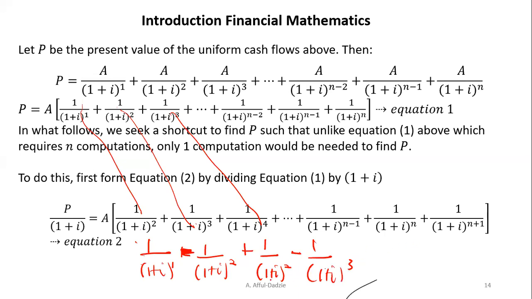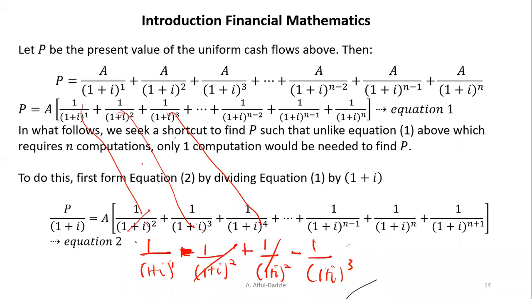So you notice that 1 divided by 1 plus I to the power 1 doesn't have a partner. It doesn't look like anyone. But you see, this guy looks like this. This guy will look like this in that order. So you notice that 2 would cancel, 3 will cancel. So all those that are in between would go away.